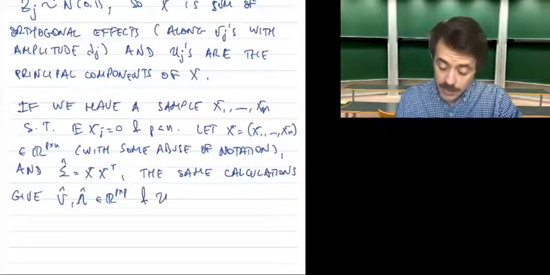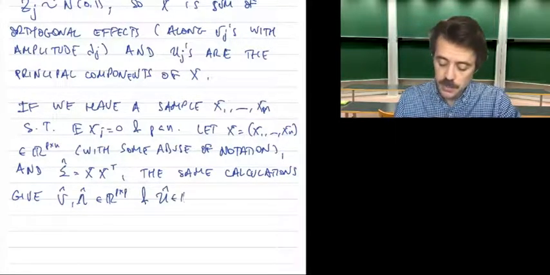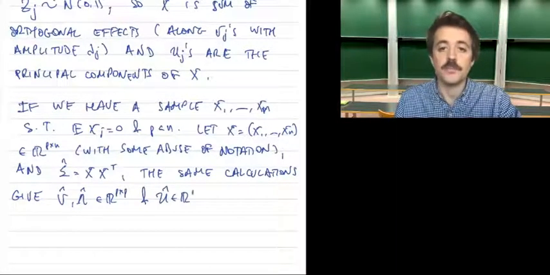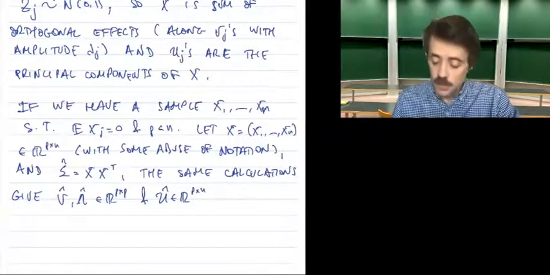Now u hat, rather than being a vector, is going to be a matrix in p times n, just like the capital X.